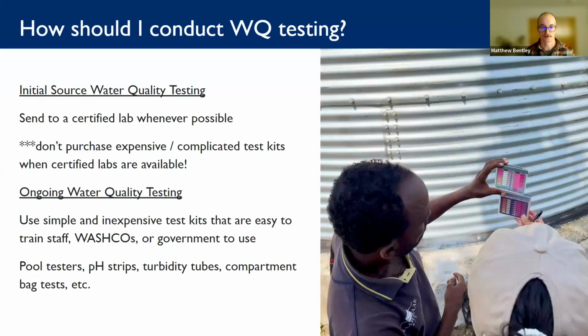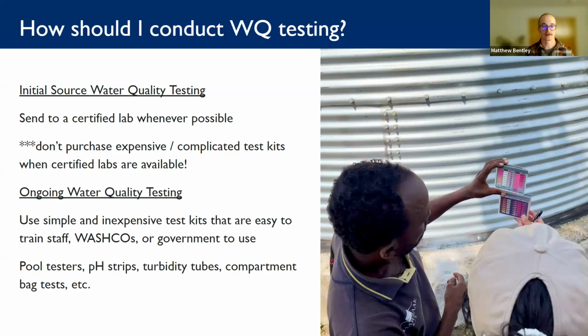So how should you conduct water quality testing? For initial source water quality, we recommend sending to a certified lab whenever possible. So it's preferred to send to a certified lab rather than purchasing an expensive or complicated test kit, especially when those certified labs are available in country or are accessible.